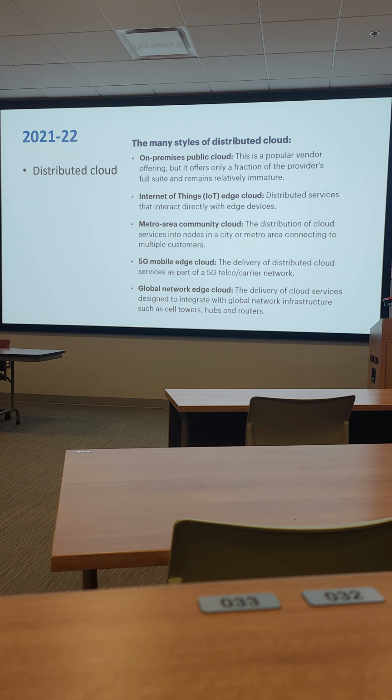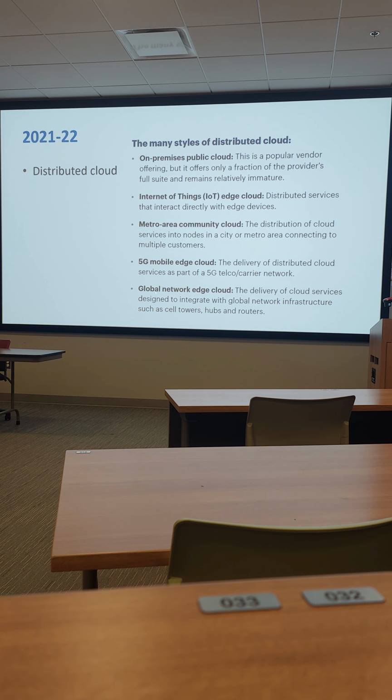5G mobile edge cloud can be offered by 5G or cellular network carrier providers. If you see on the road, you might have seen the cell towers, right? Cell towers are geographically dispersed. They cover a lot of area, and that's a location where some computing resources can reside and offer computing services.